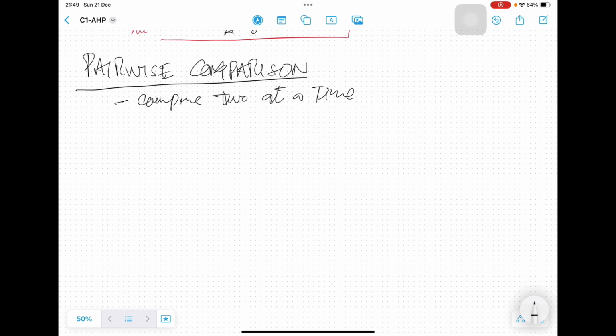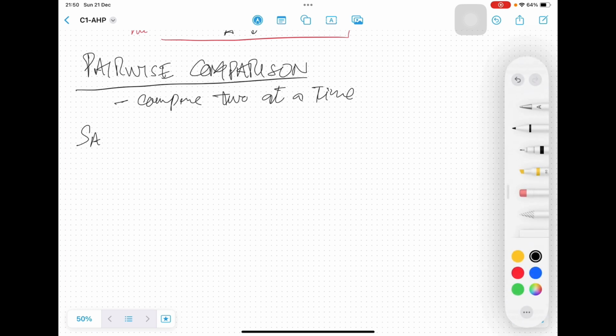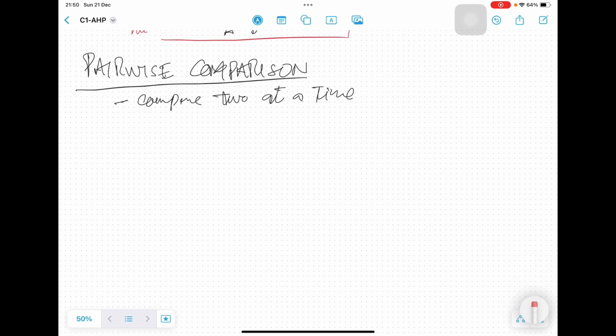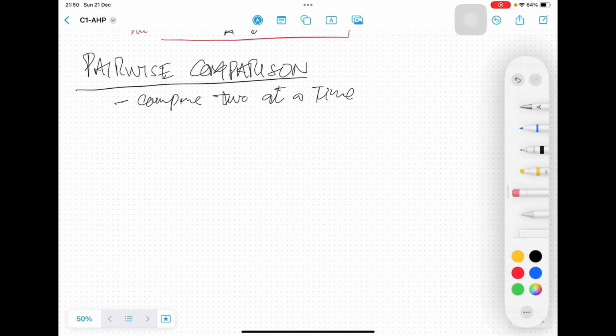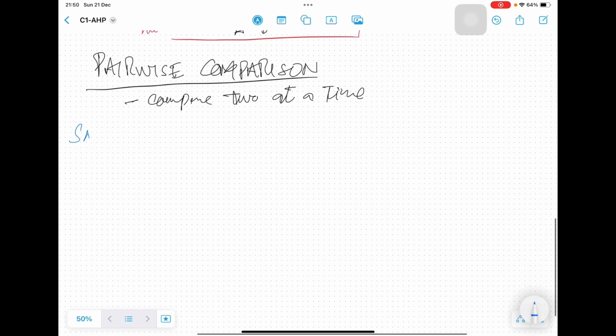So there is a scale that's called the Saaty scale.